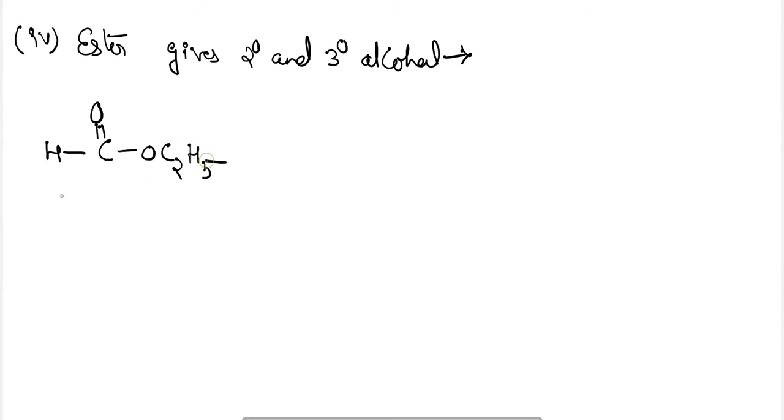HCOOC2H5. This is the ester of formic acid, that is ethyl methanoate or ethyl formate.